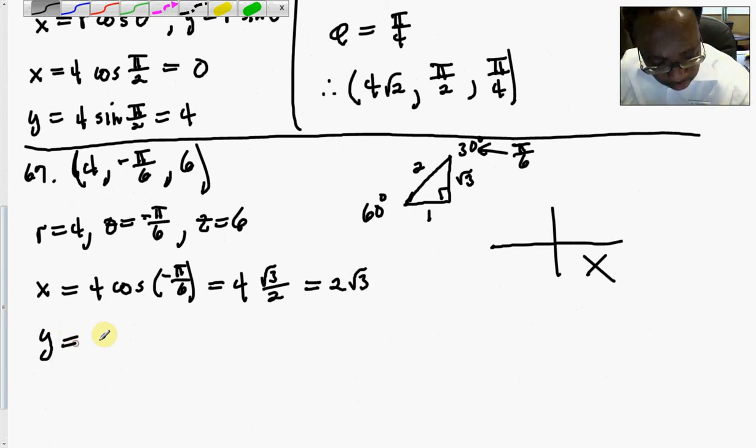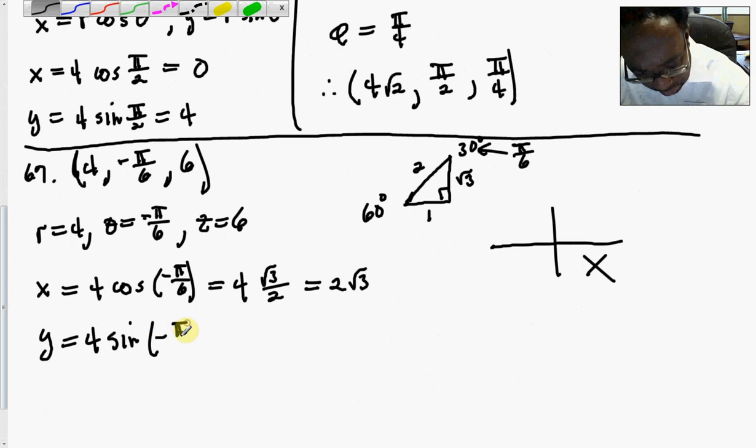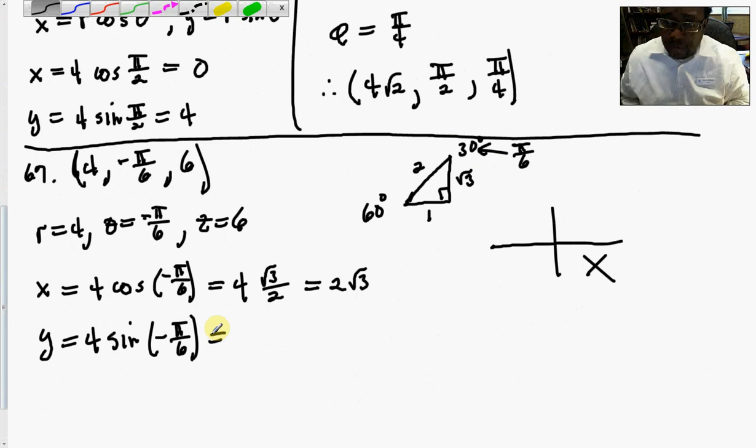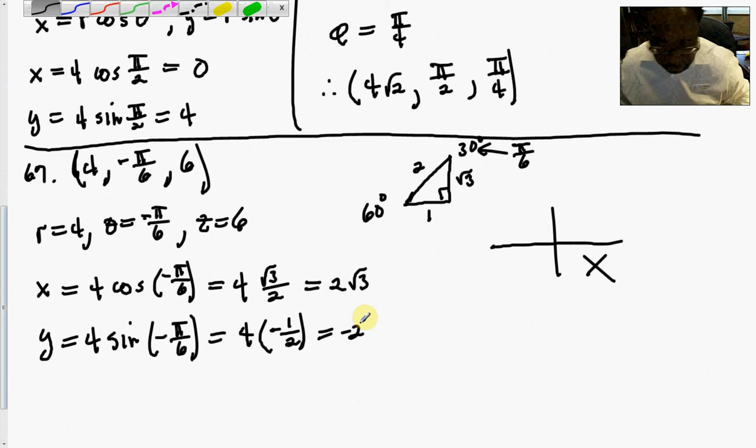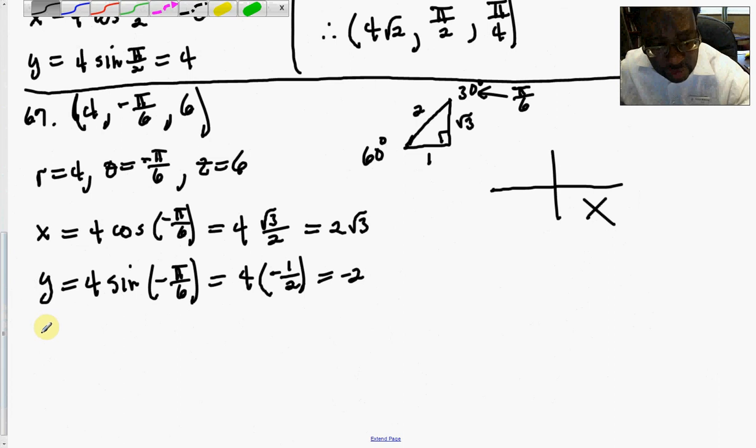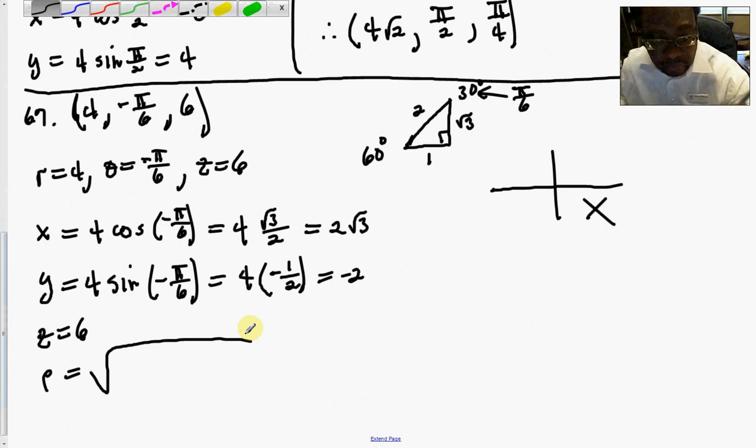Now y is 4 times sine of negative pi over 6. So the sine of pi over 6 is 1/2, and in the fourth quadrant that would be negative 1/2. So this is 4 times negative 1/2, or negative 2. z is given to be 6. So rho is equal to the square root of x squared plus y squared plus z squared.